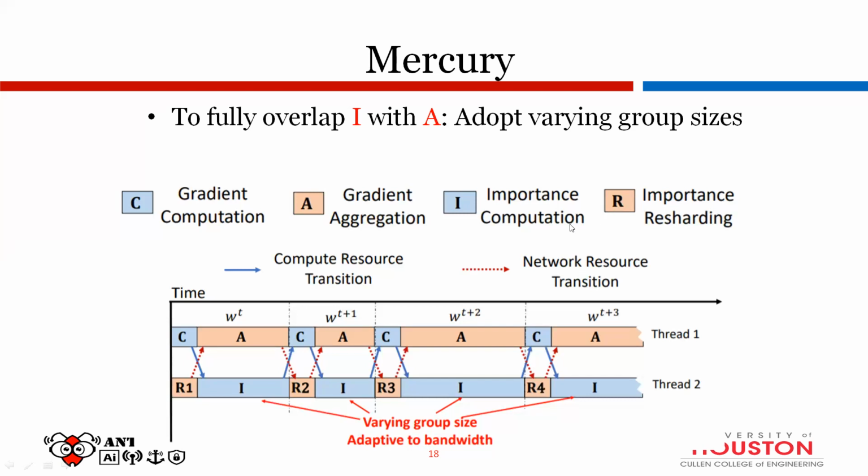It just takes time to catch up, because if they try to completely overlap this, they cannot wait for the entire sequence to finish. So they do it this way, and they still keep the importance distribution updating.